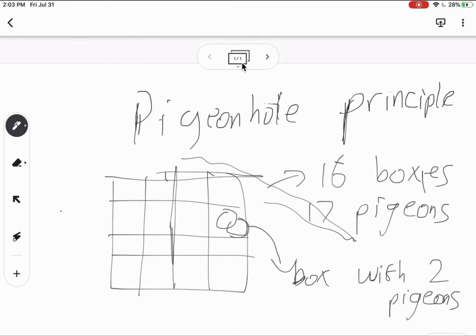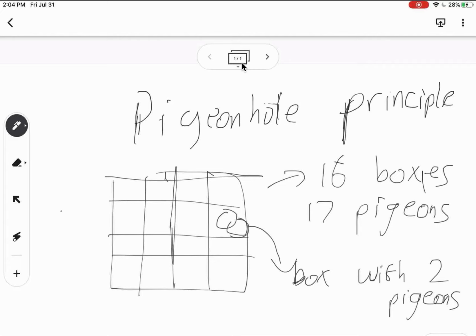The reason for this is because you kind of have to use common sense, right? If you have 16 boxes and there are 17 pigeons in the boxes, there must be a box with two pigeons, because if every box has at most one pigeon, then you can have at most 16 pigeons. That is the basic idea behind pigeonhole.